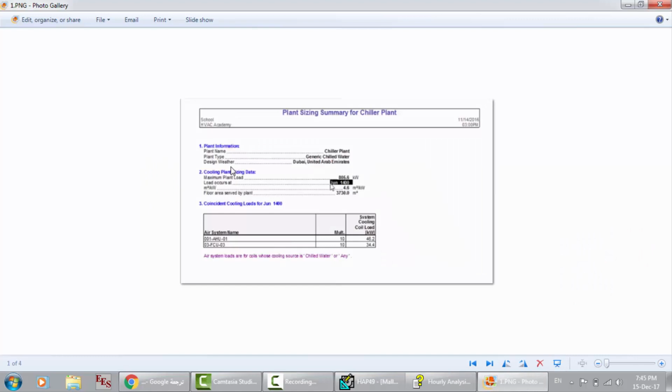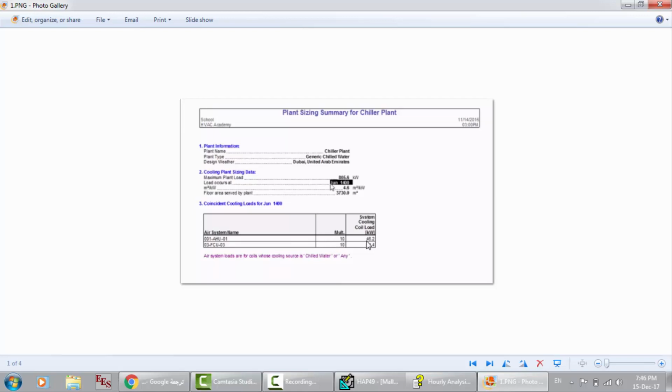Suppose that we have here a system and here two systems, AHU and FCU, and the peak of the plant at June at 2 p.m. Okay, and here is the cooling coil of each system, and here the number of the systems 10 and 10. This is the multiplier.